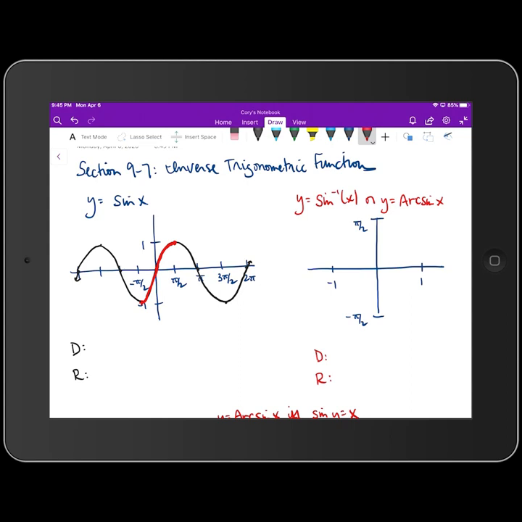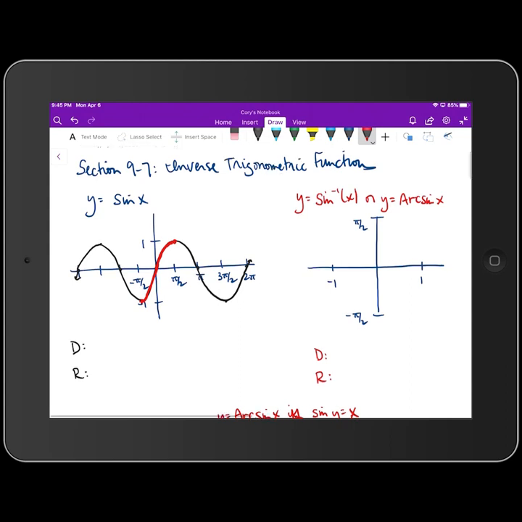So if we look at the domain and range of the portion of the sine graph in red, the domain of that function is the closed interval from negative pi over 2 to pi over 2. And the range of that function on the interval is going to be the closed interval from negative 1 to 1.